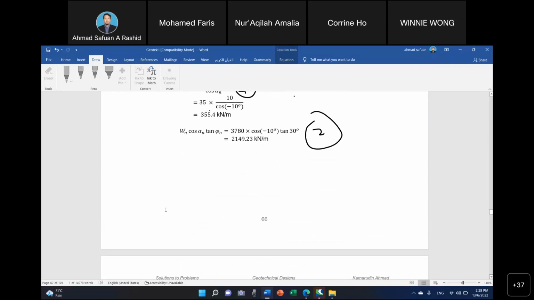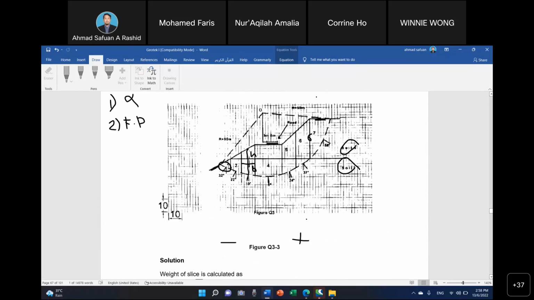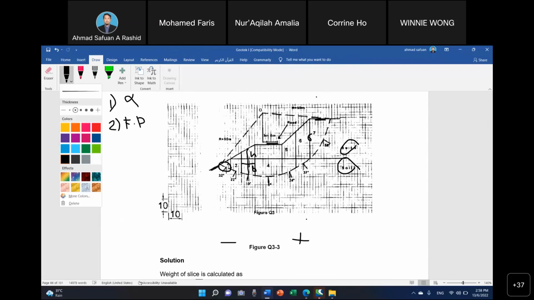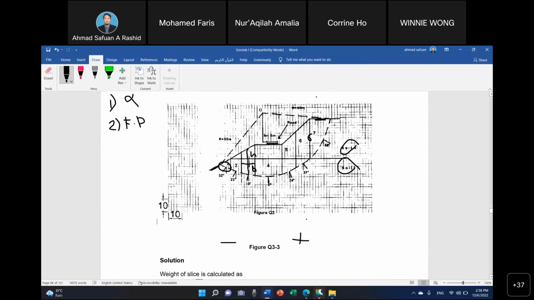So when we look at this example, if you want to get the value for the factor of safety, we need to solve for each slice. Then we need to add a driving moment from the road. You can see there is a road on the slope.